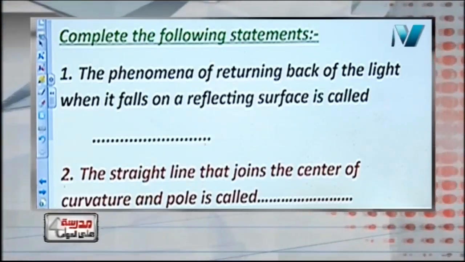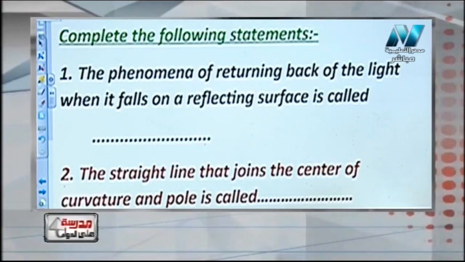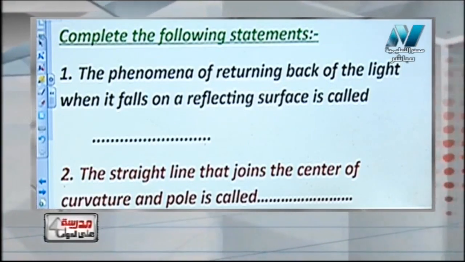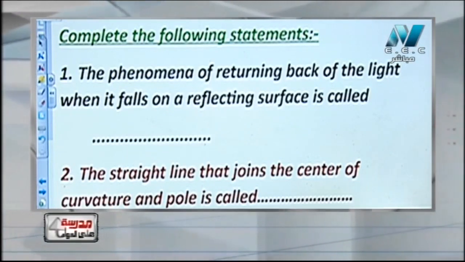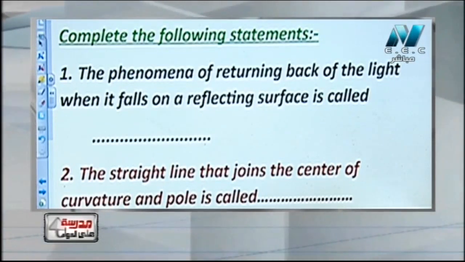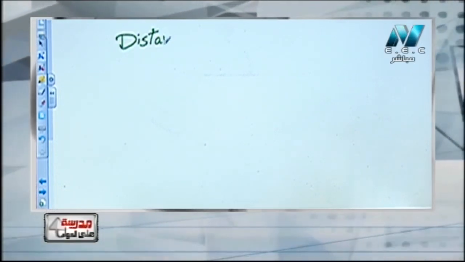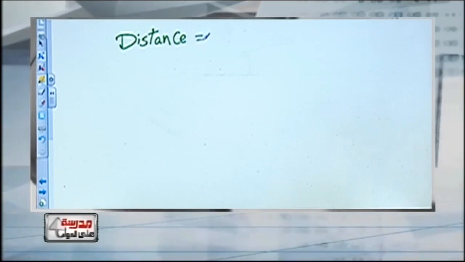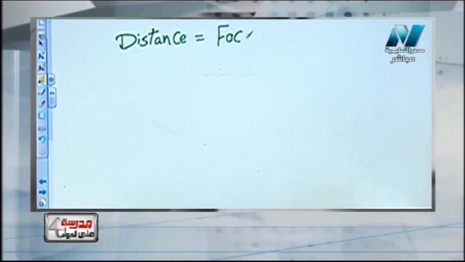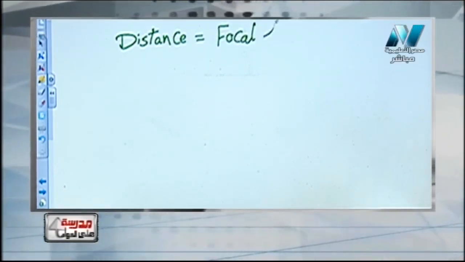Some cases here, dear students, if the object is at, for example, we can take a problem like this. If the object, we write it, at a distance equal to the focal length. Object at distance equal to the focal length.